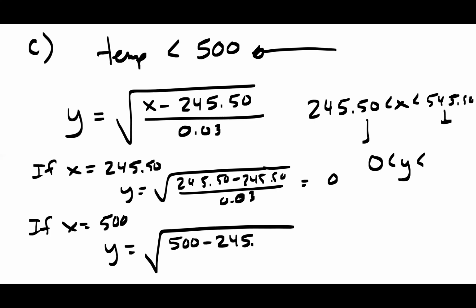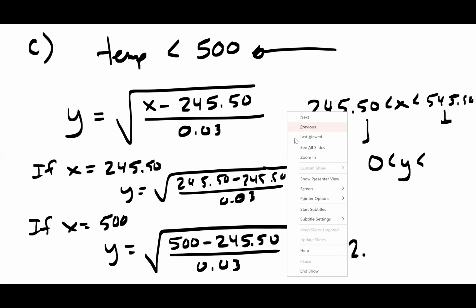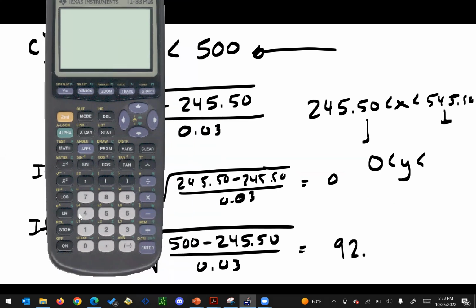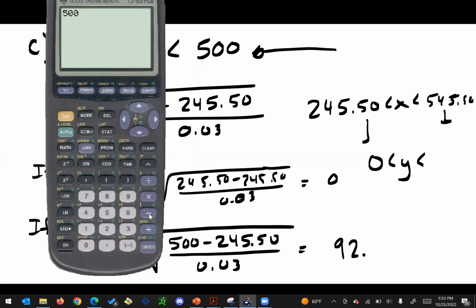So 500 minus 245.50 over 0.03. Punch this into your calculator, and you should get 92 point something. I did it real quick before, but let me use our calculator again. Let's go to quit, and let's go with 500 minus 245.50, enter.